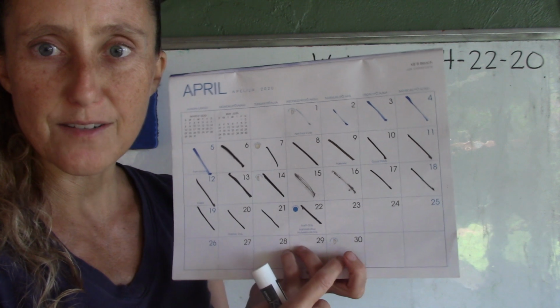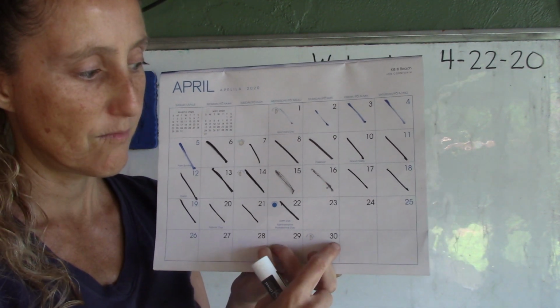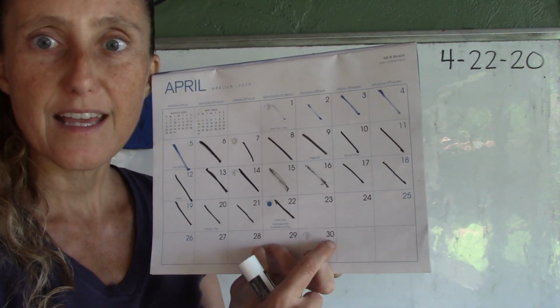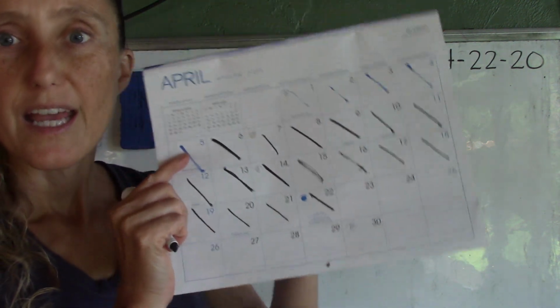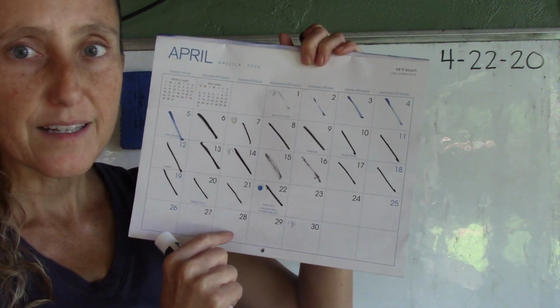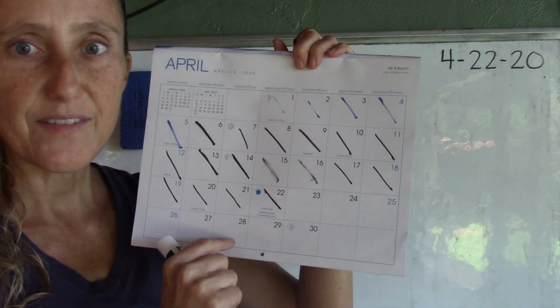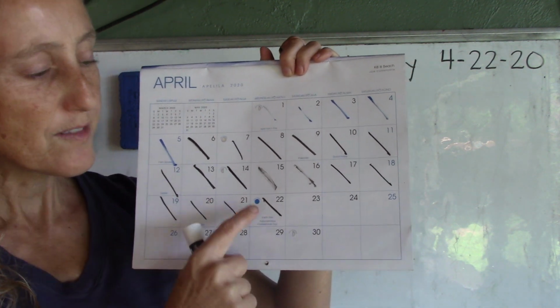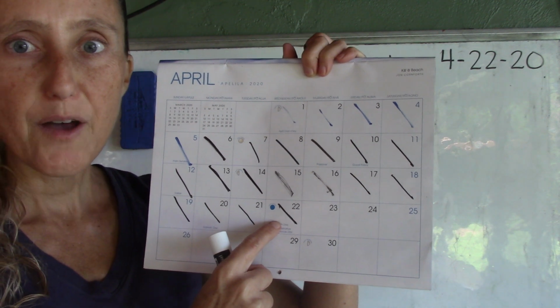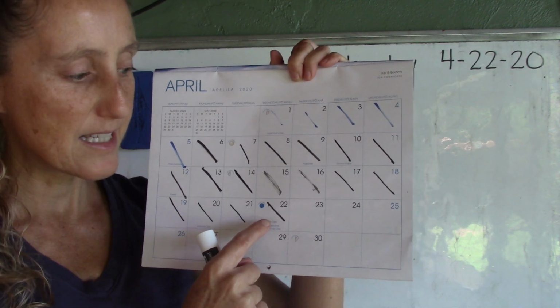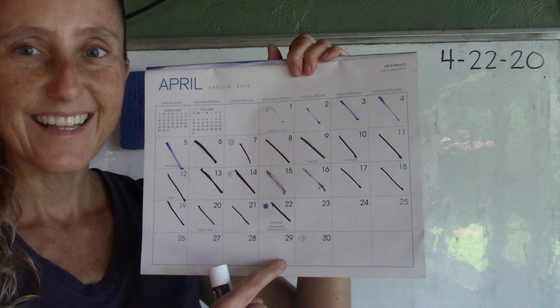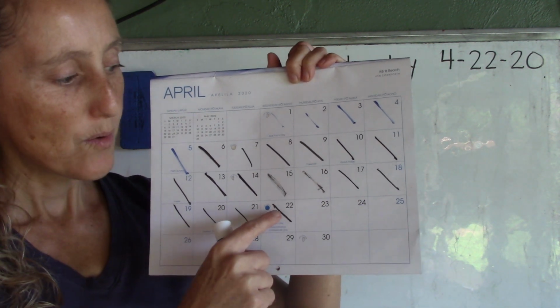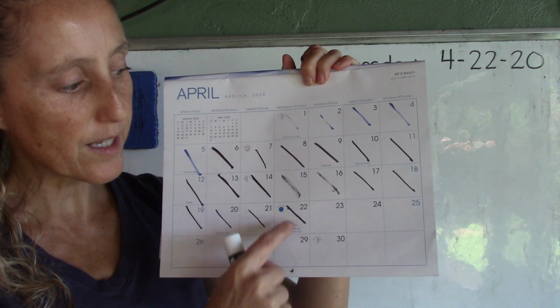And I have a question for you. How many days are in April? Right, there's 30 days in the month of April. I have another question for you. How many days are in a week? 7. You're right, 7. So if today is the 22nd, how many more days is it until the 29th? 7, because when we go down, that's just one more week, right?